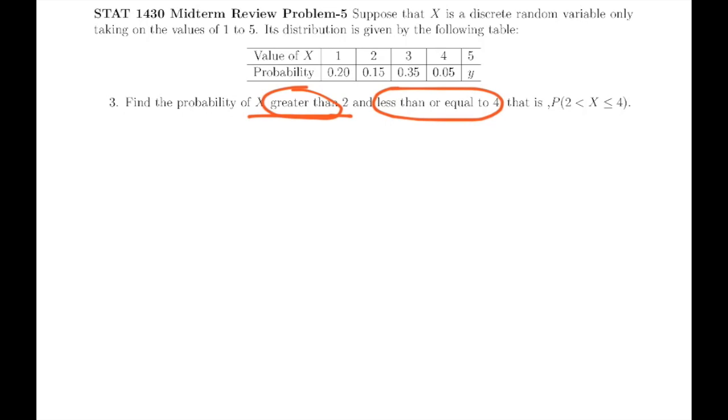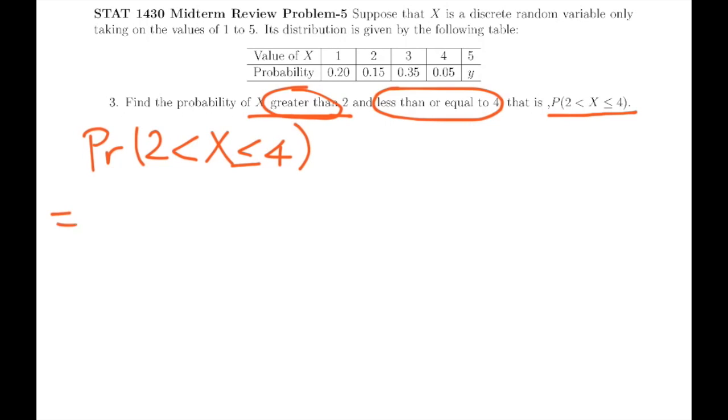Okay, so we can rewrite this expression. Because x is a discrete random variable and it can only take on values of 1, 2, 3, 4, and 5, and here we want to find the probability when x is strictly greater than 2.